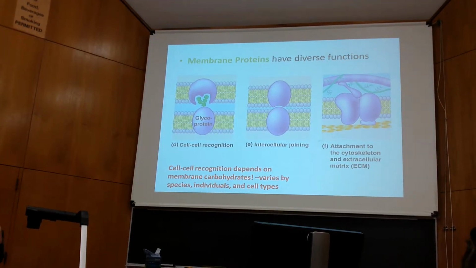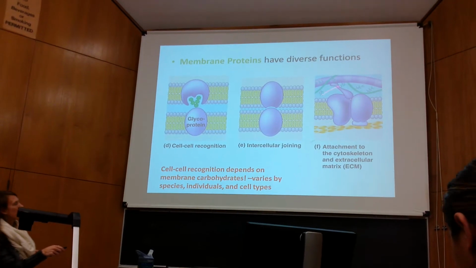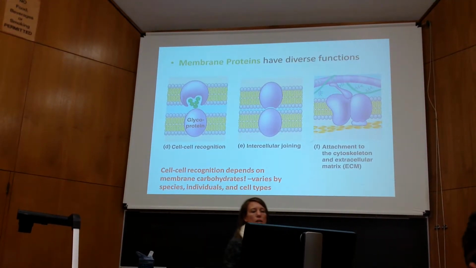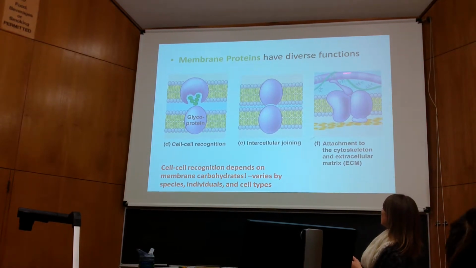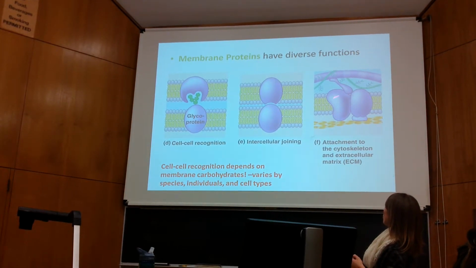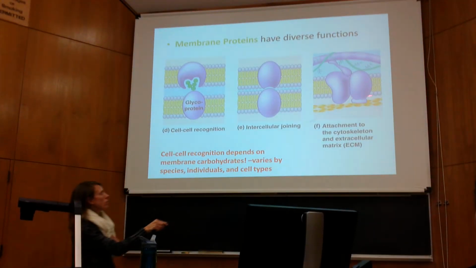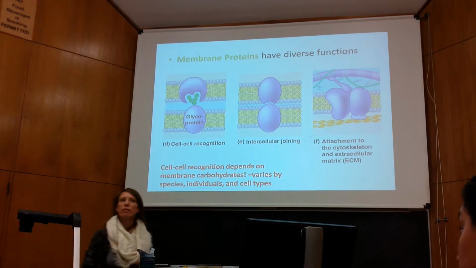That cytoskeleton gives it structure, and then just to the outside, you have the extracellular matrix, which serves for protection, structure, communication. So you'll have these proteins here that connect the extracellular matrix to other proteins within the membrane. And on the inside of the cell, we sometimes even have these peripheral membrane proteins attached to the cytoskeleton.